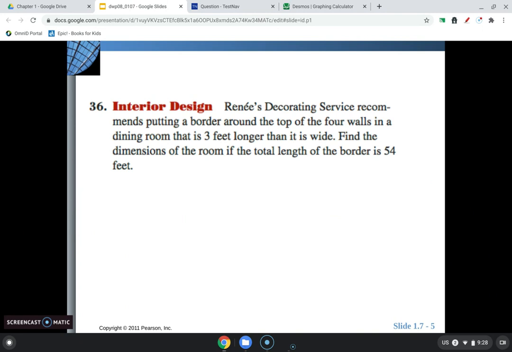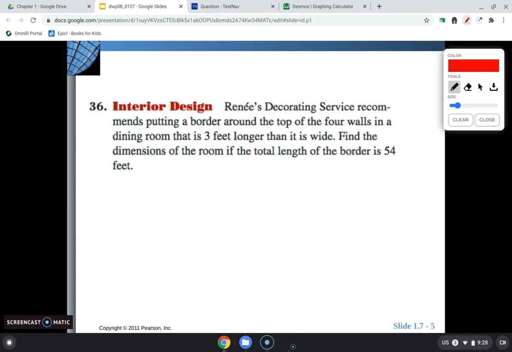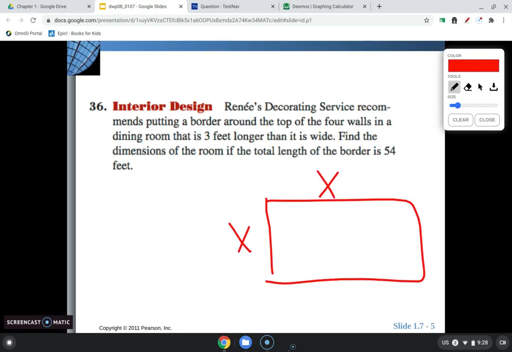Renee's decorating service recommends putting a border on the top of 4 walls in a dining room that is 3 feet longer than it is wide. Find the dimensions of the room if the total length of the border is 54. Well, this is the width. X plus 3 is the length. So this would be x plus 3, and this would be x.